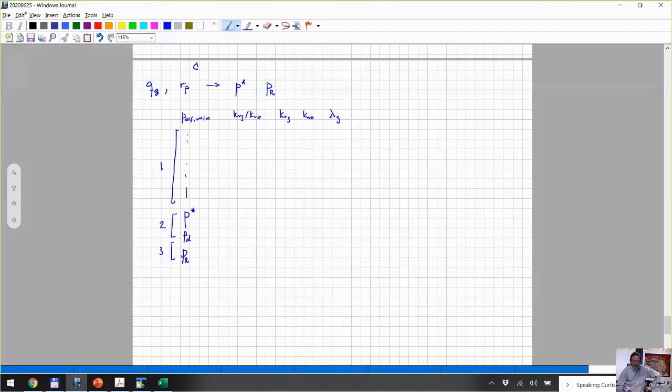I think for a given RP, you get immediately the P star, and then you can go out to any other higher pressure.